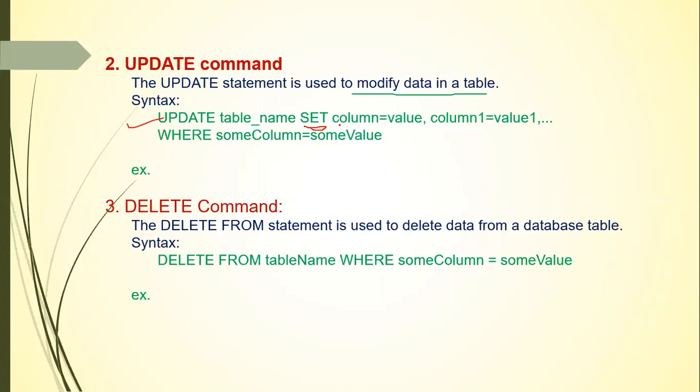What you want to set, the particular column value you want to set, that is column 1 corresponding value, column 2 corresponding value accordingly. And here we use this particular where condition, some column equal to some value. Means here we update the record according to the given condition.